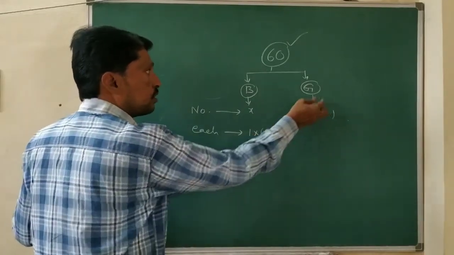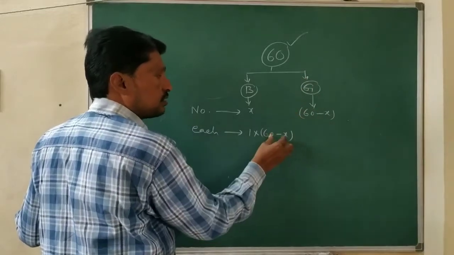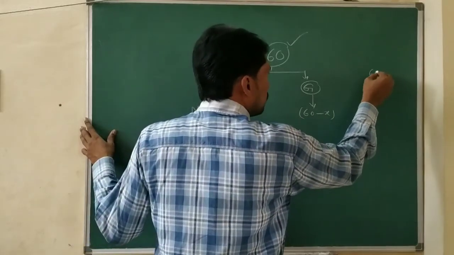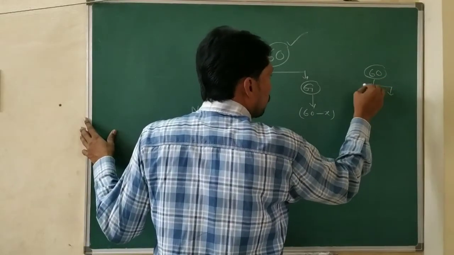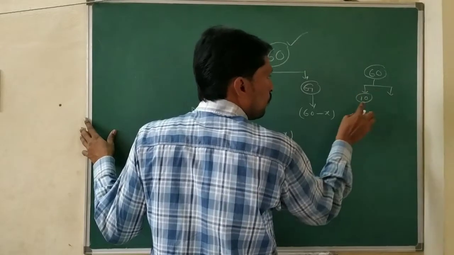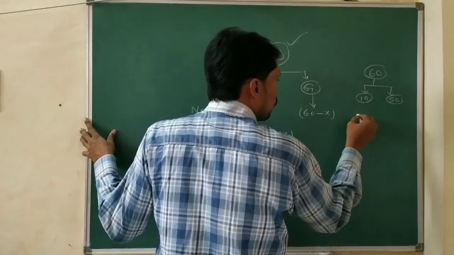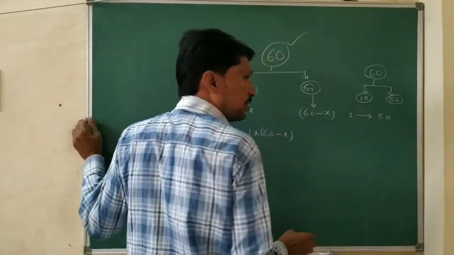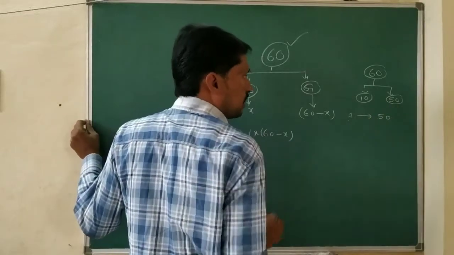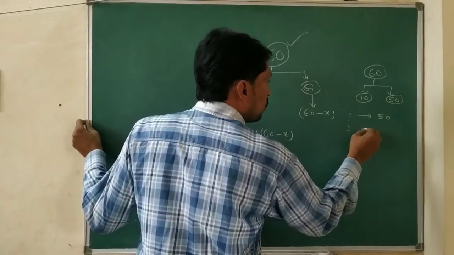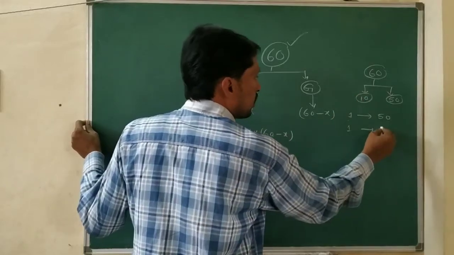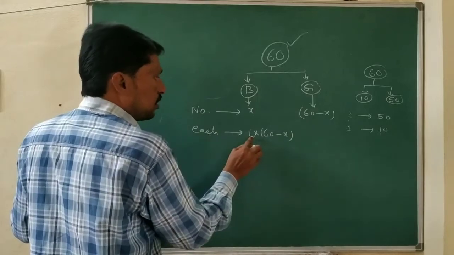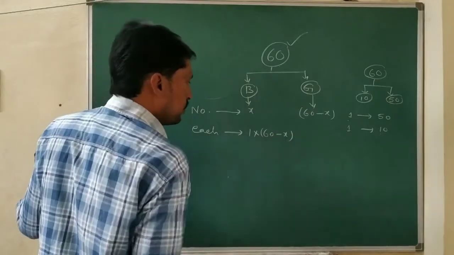For example, if 10 are boys and 50 are girls, then one boy is contributing rupees 50, since as many girls as there are, that much he contributes. One girl is contributing as many rupees as there are boys, that means 10 rupees. Now each boy is contributing 1 into 60 minus x.